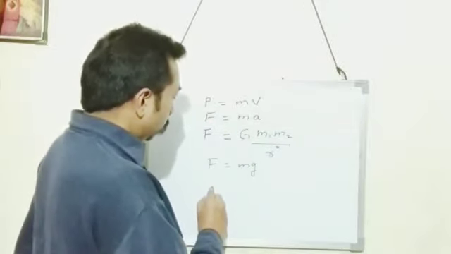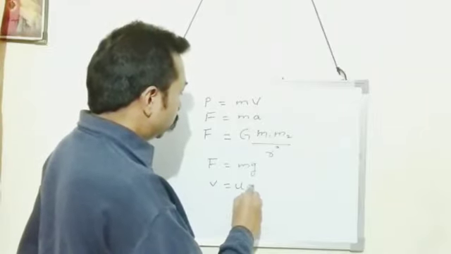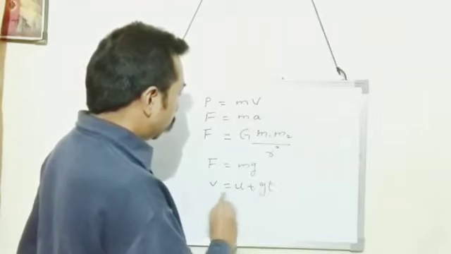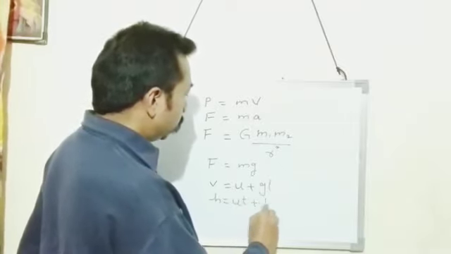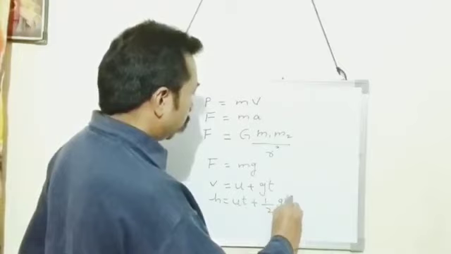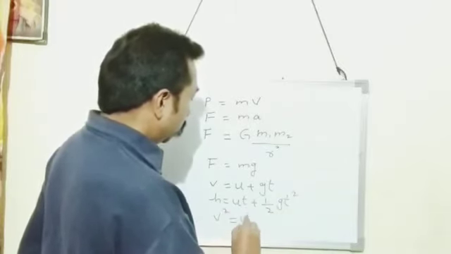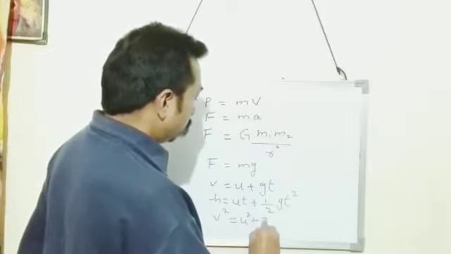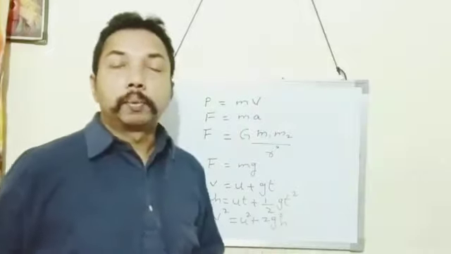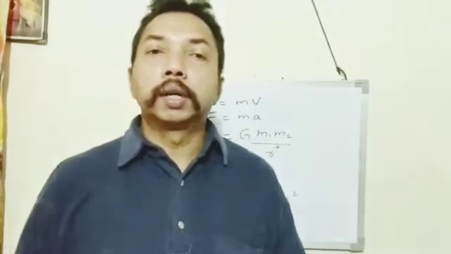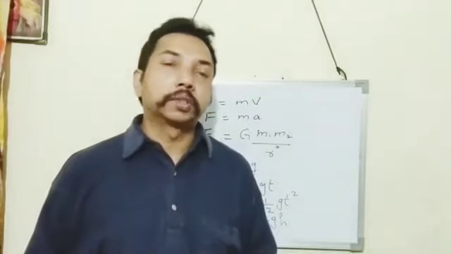So first one, V is equal to U plus gt. Then next one, H is equal to ut plus half gt square. Then V squared is equal to U squared plus 2gh. So these are the formulas which we use for solving the numericals of chapter 3, laws of motion.